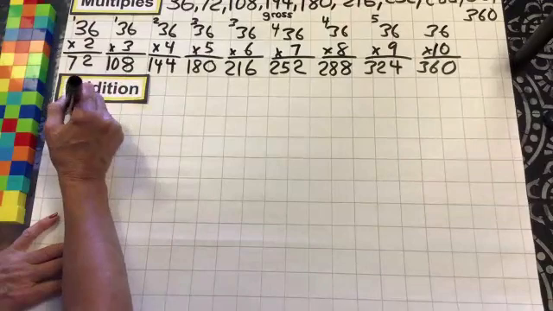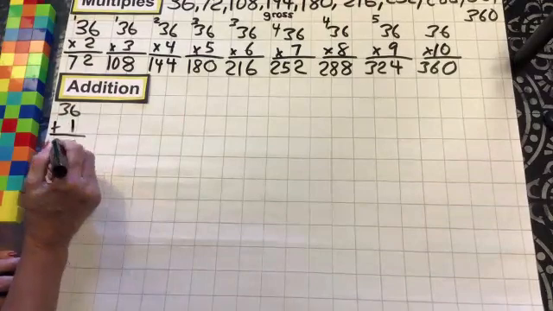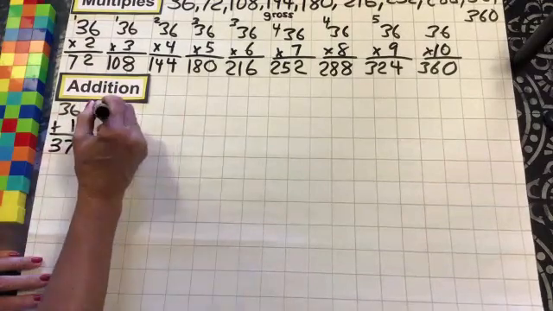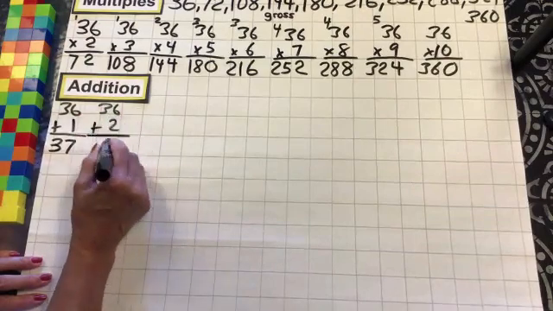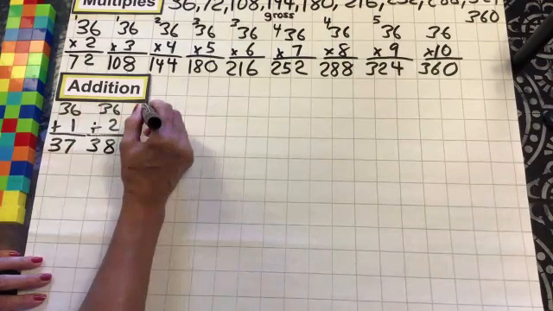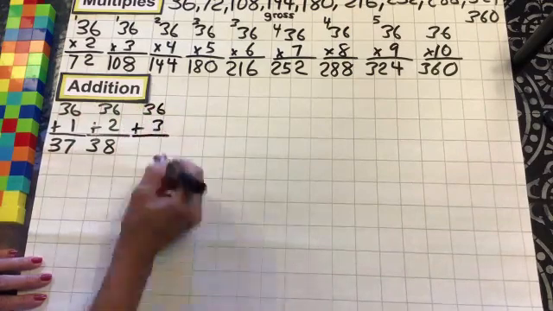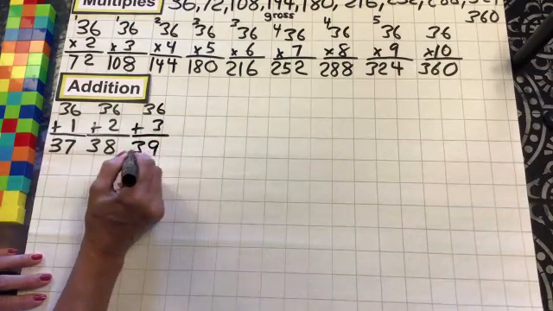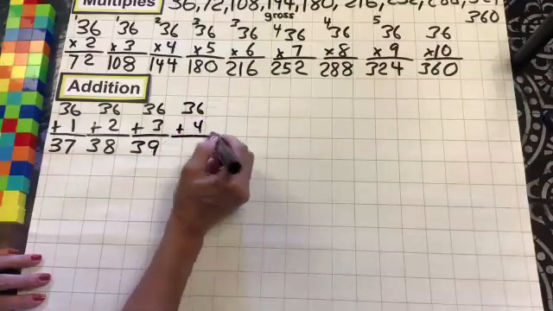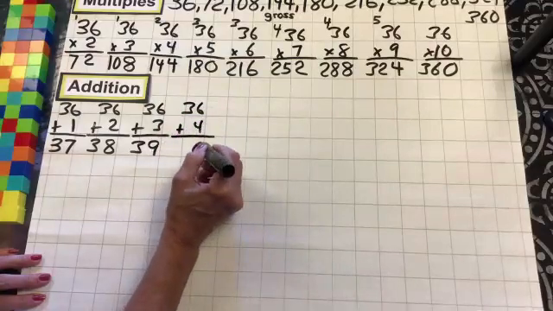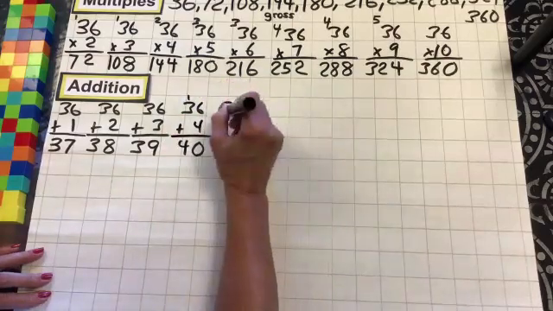So let's do 36 plus 1. 6 plus 1 is 7. 3 plus nothing is 3. 36 plus 2. 6 plus 2 is 8. 3 plus nothing is 3. 36 plus 3. 6 plus 3 is 9. 3 plus nothing is 3. 39. 36 plus 4. 6 plus 4 is 10. Drop the 0, carry the 1. 1 plus 3 is 4.